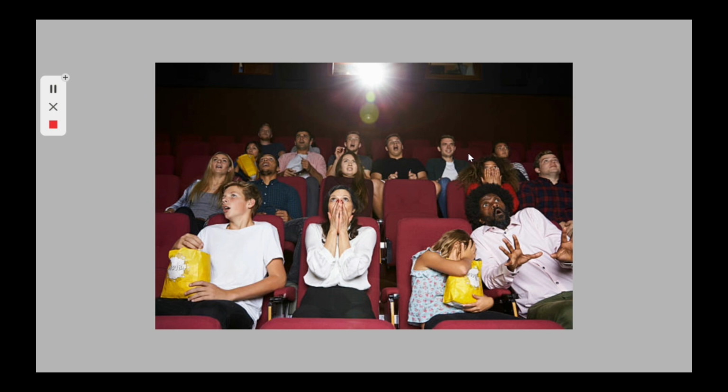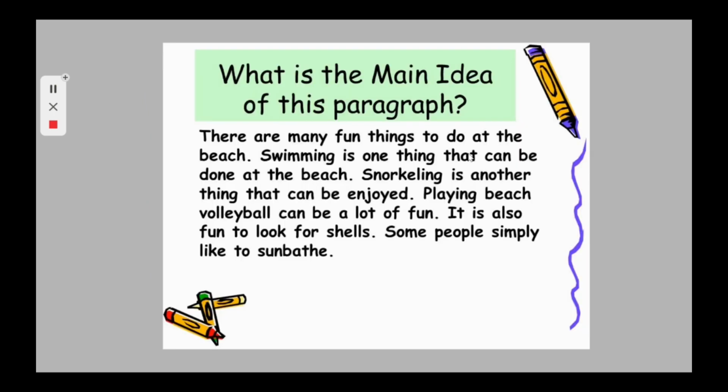From the most simple, which is a picture, then you jump to a small little paragraph. What is the main idea? Let's see how we can find it now in a paragraph. And you read this paragraph aloud. There are many fun things to do at the beach, and so on. So you read it with them and you can start showing them what you taught them before, which is to look at the headings and repeated words and so on.